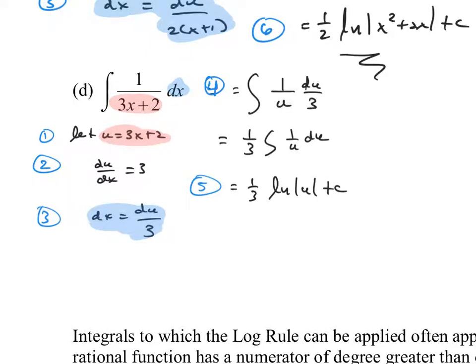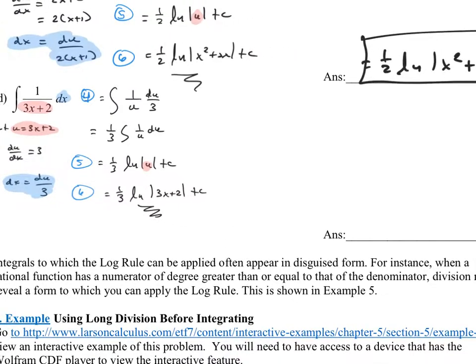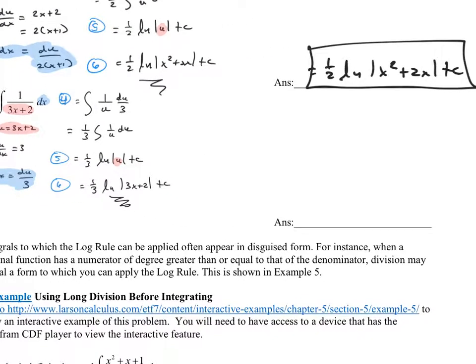Last step to do, since there's no simplification, is back substitute for u. So I would end up with step 6. I would have 1/3 times the natural log of the absolute value of u, which was 3x plus 2, plus c. And that's my final answer right there: 1/3 times the natural log of the absolute value of 3x plus 2 plus c.